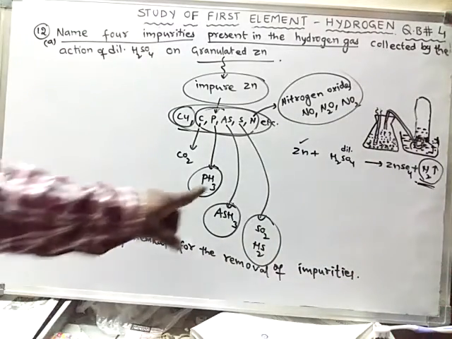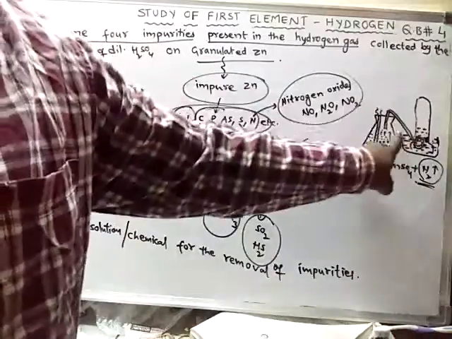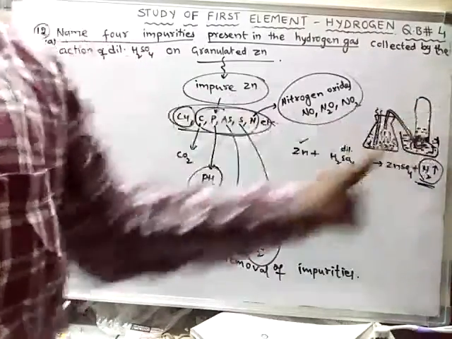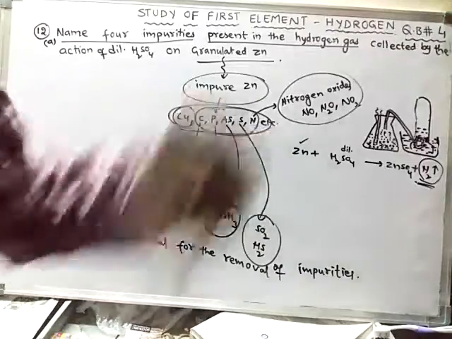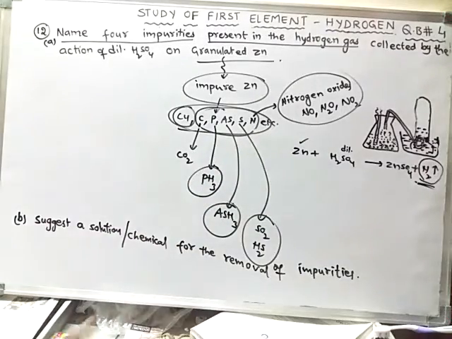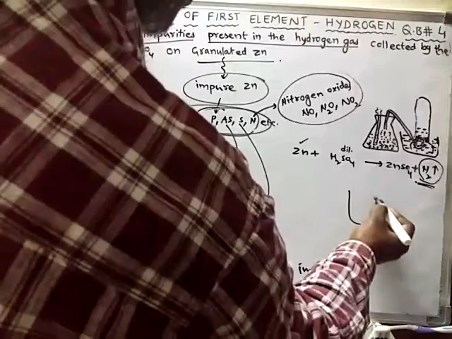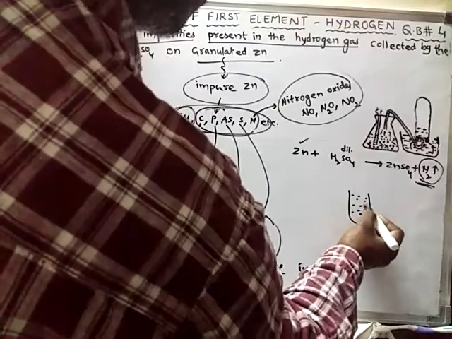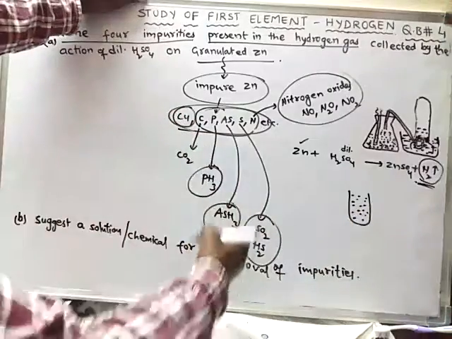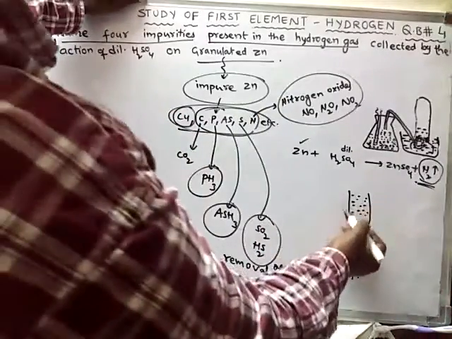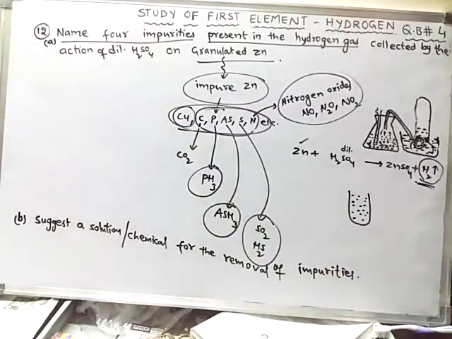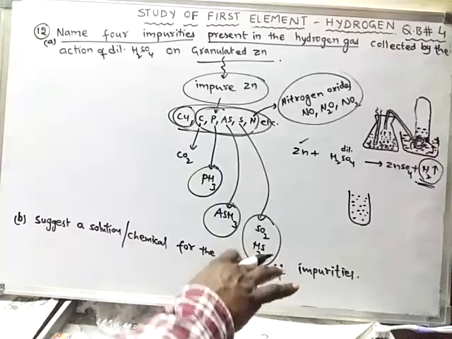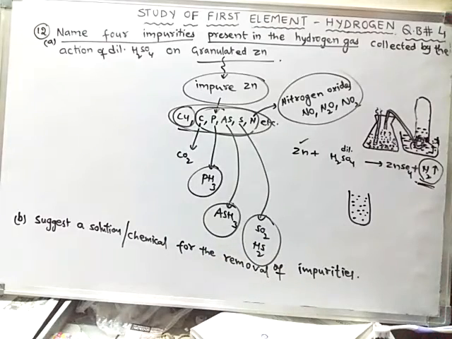See, now this hydrogen gas which is collected here is not a pure hydrogen gas, because along with this hydrogen gas, these gases are also present. If we collect a jar of hydrogen gas, it contains these impurities also. So it is not a pure hydrogen gas. Then the question is how to convert this impure hydrogen gas into pure hydrogen gas.